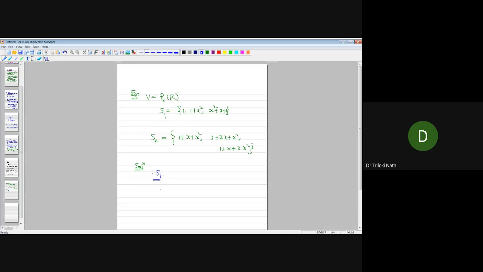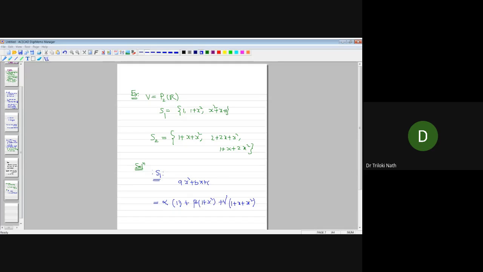Suppose, of course, the polynomial is of the type ax square plus bx plus c. So you have to write it as a linear combination of these three: alpha times 1 plus beta times 1 plus x square plus gamma times 1 plus x square.